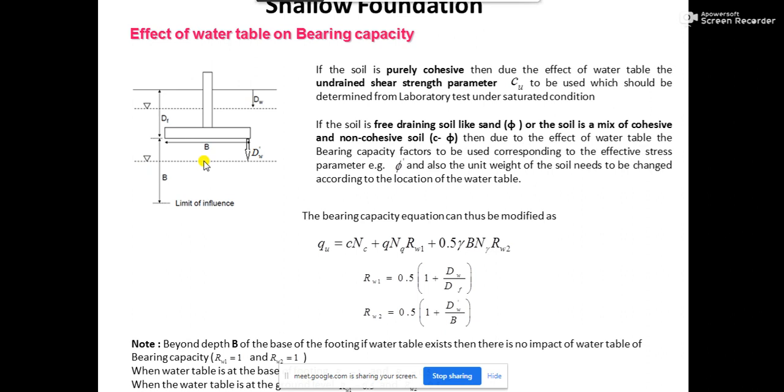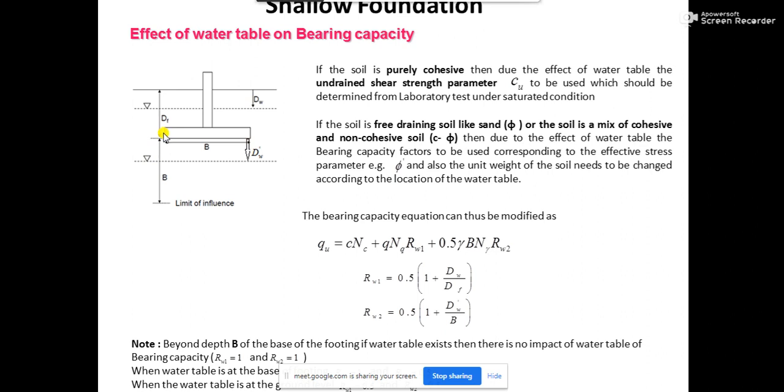So to overcome that in an easier way, you are just using an interpolation function, that is RW2. Now see, the beauty of this interpolation function is that it is very simple. When the water table gradually rises and reaches the base of the footing, what will happen?